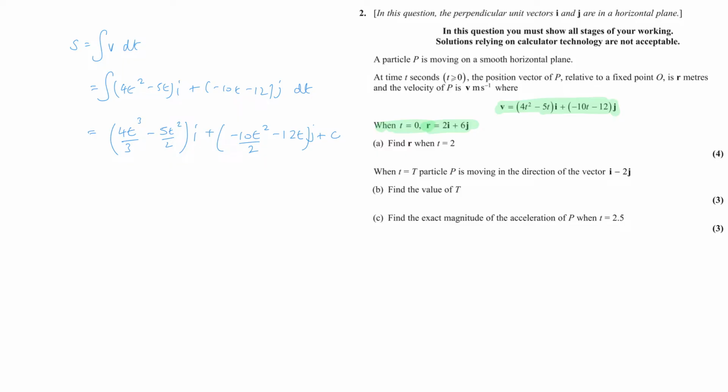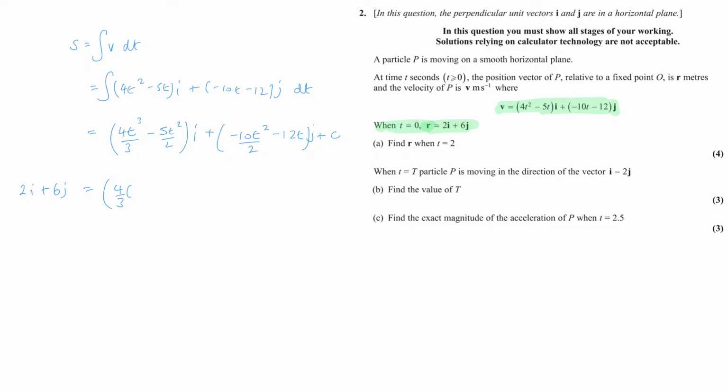Okay, so you know my s is my r, so 2i plus 6j equals, 4/3 times 0 squared.